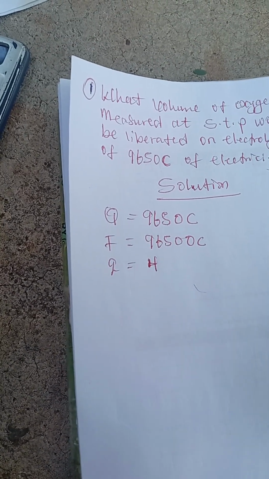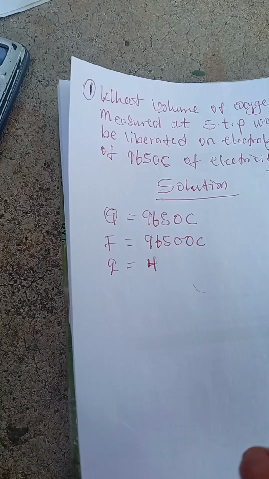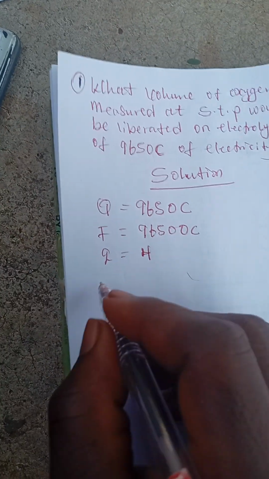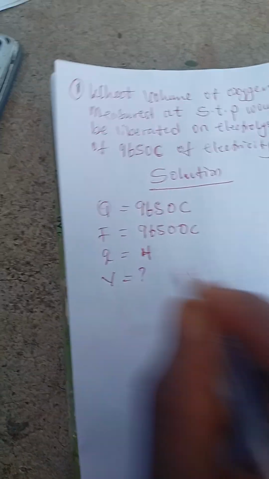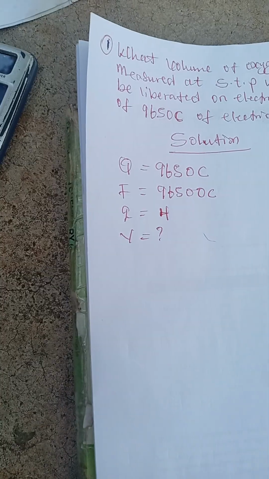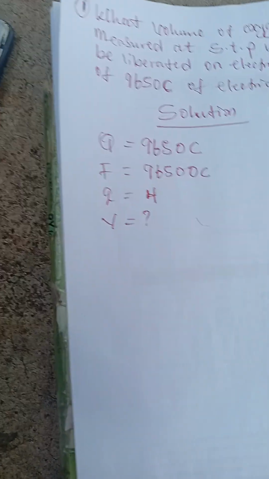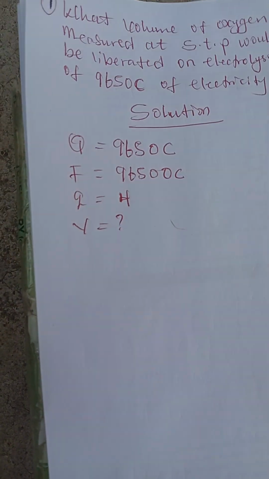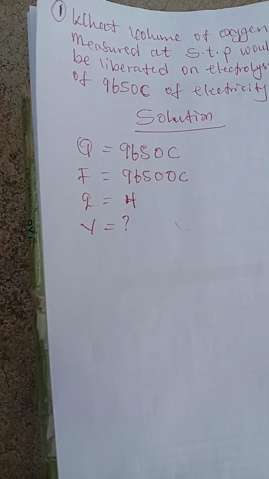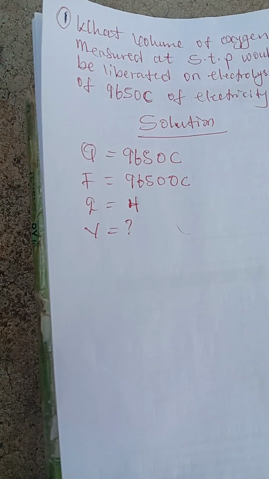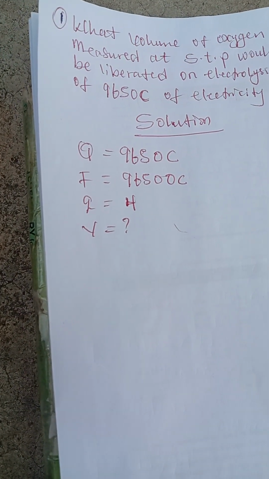Now, what are we looking for here? They said we should find the volume. That means volume is not given. From our previous solutions, we didn't solve something like volume, so there is a problem.